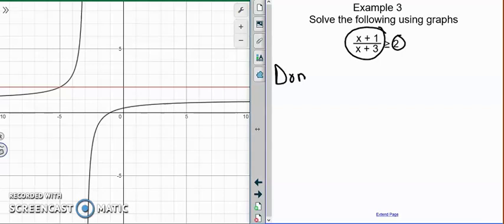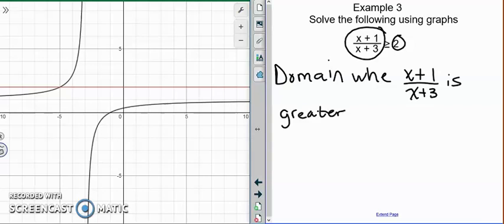So the domain where (x plus 1) over (x plus 3) is greater than or equal to the number 2. That's what we're trying to find.